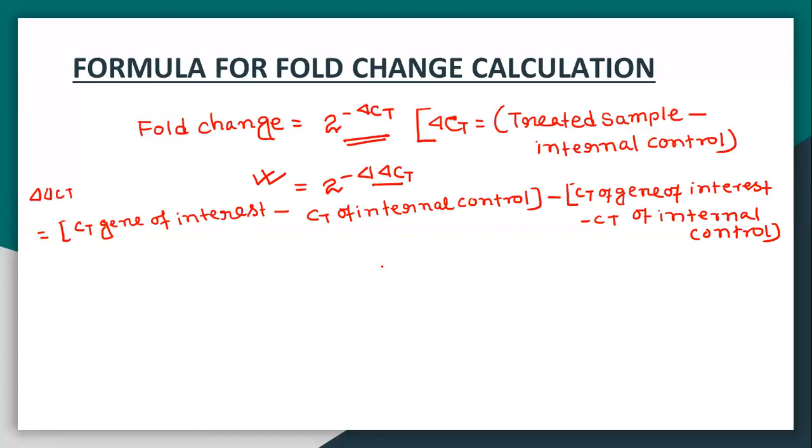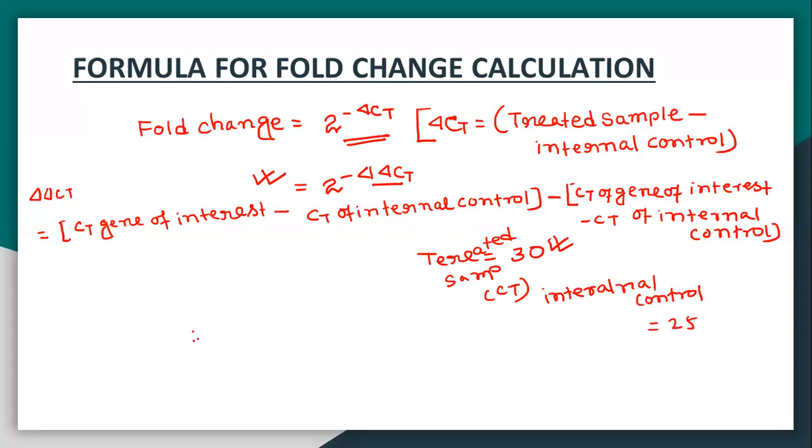For example, for beta catenin expression after treatment, suppose the treated sample CT value for a particular gene's mRNA is 30 and the internal control is 25.